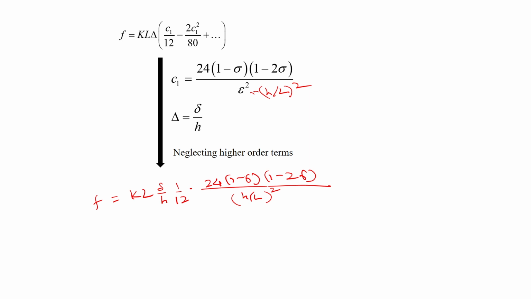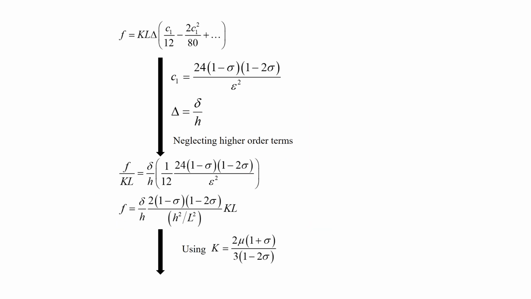Now, I can actually write in terms of k also, I can expand. So, k is 2 mu into 1 plus sigma by 3 into 1 minus 2 sigma. Okay, let me write it.